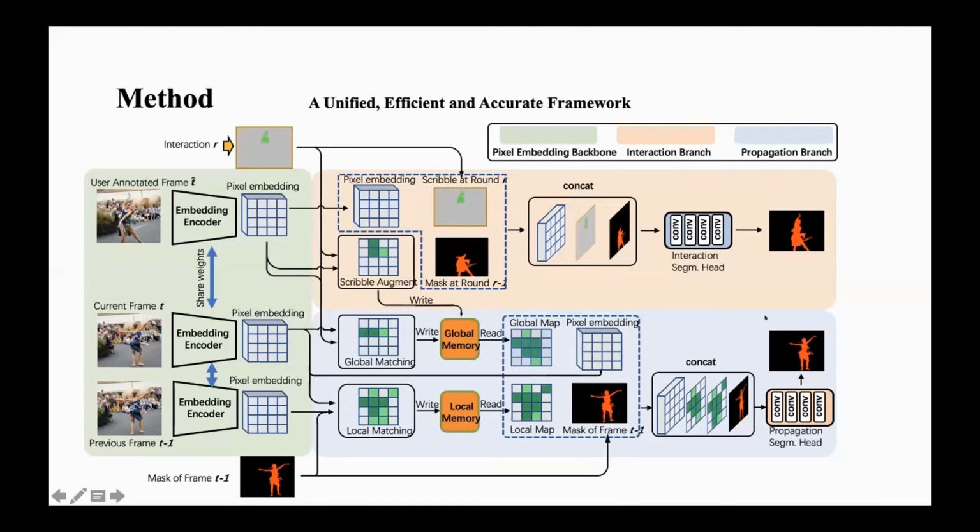You only use the propagation branch, so the global map and the local map are directly obtained, and there's no refinement. Okay, but what's the purpose of having the local map? It seems both of them are segmentations, right? So why do we need to define the global map and local map here?